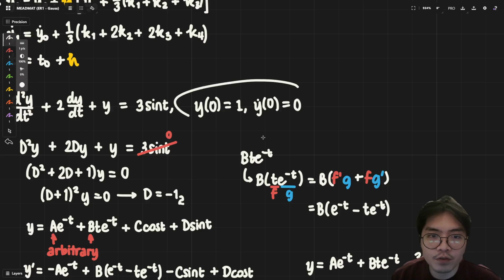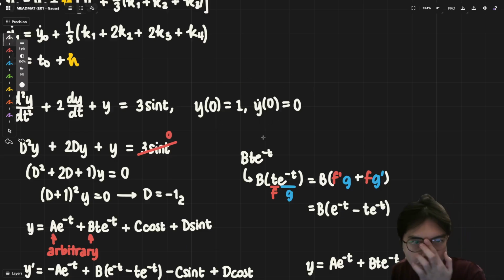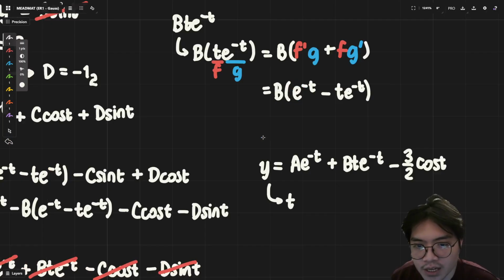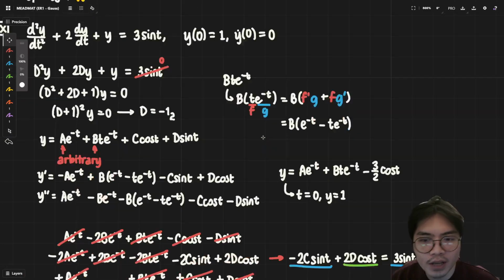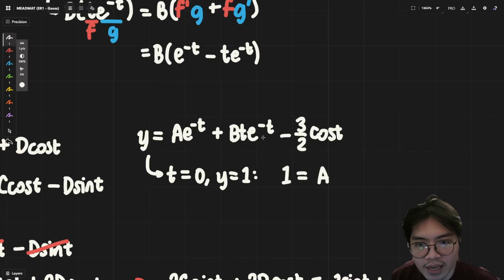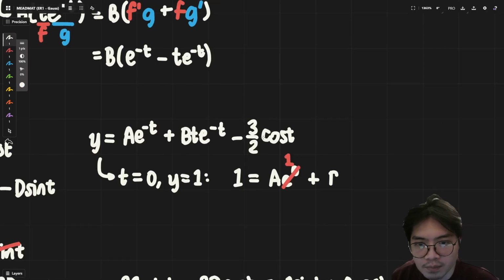What about if we put in our values of y0 and y dot 0? Let's try this out. If we put in t equals 0, we will get y equals 1. Now you will get 1 is equal to a e raised to negative 0, so that's just 1, plus b times 0 e raised to 0.